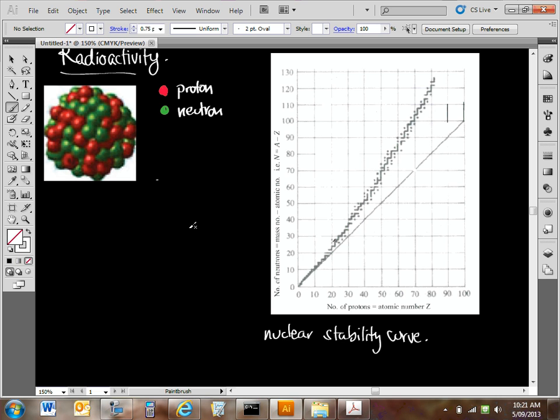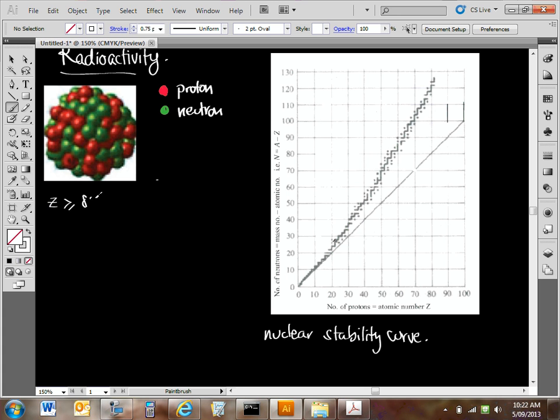Somebody might already know the reason. Yes, something to do with the strong force being too short range. That's right, exactly. We'll go into more detail about that in a second when I get through a couple of other things. Remember, Z is the atomic number.